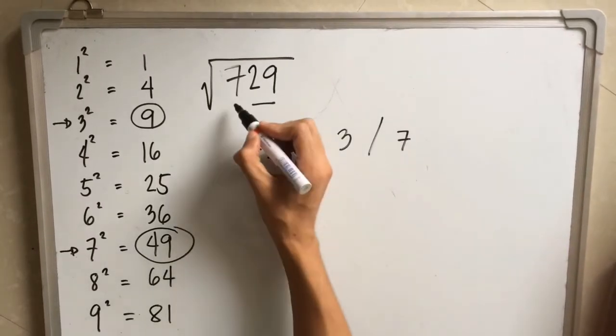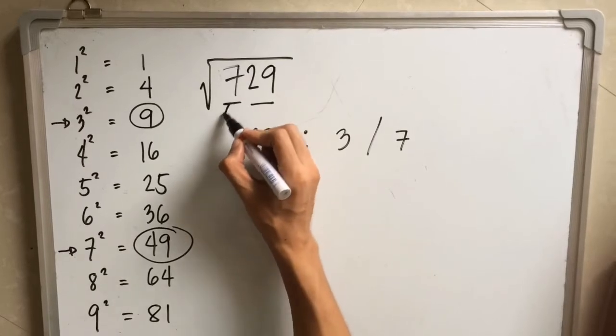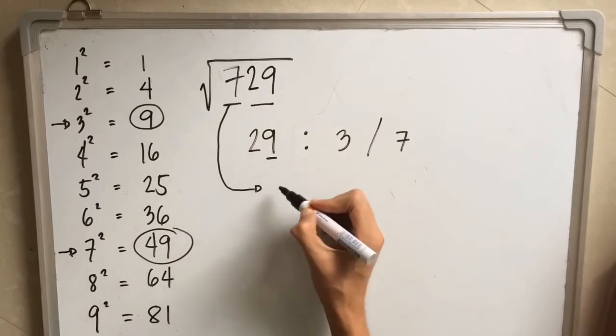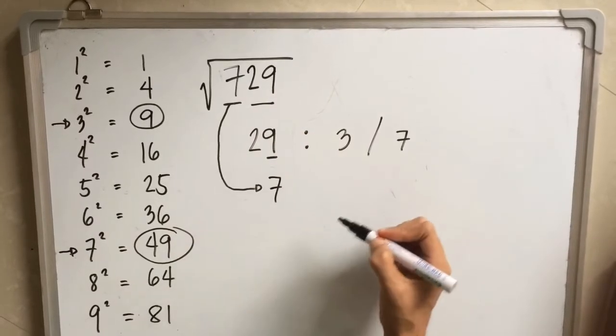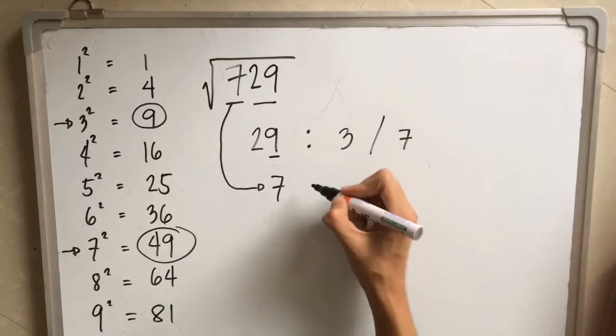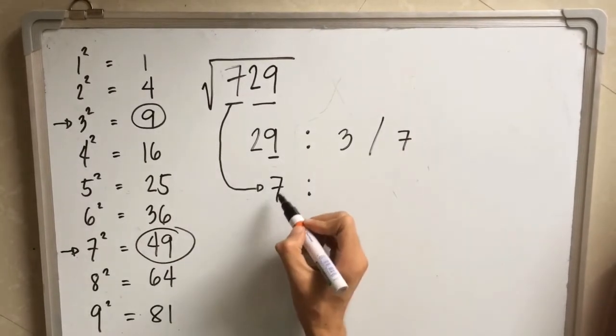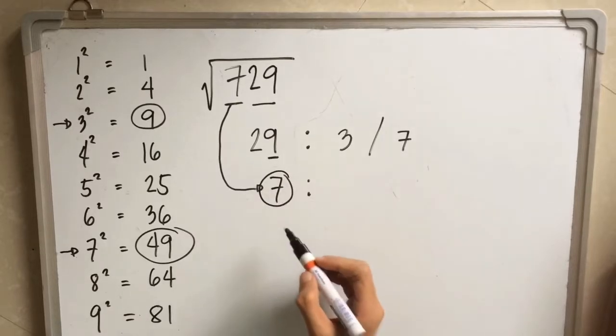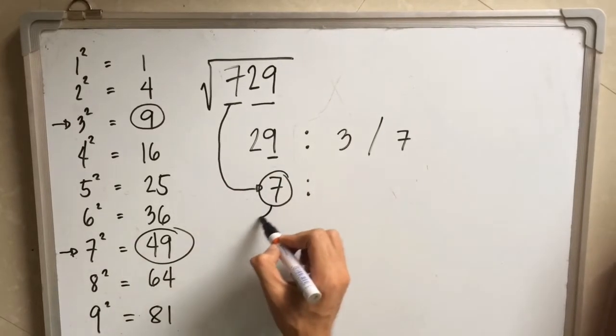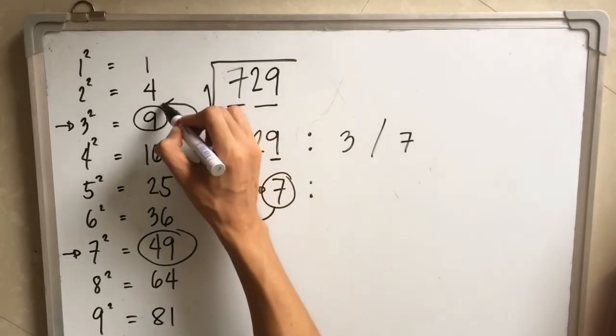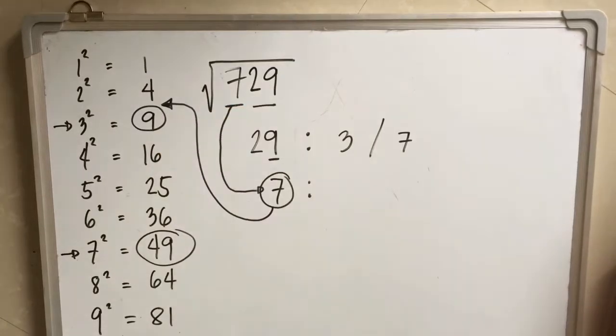So next, we are going to consider the number 7. We are going to find the location of number 7 from the squares of the number. So it's between 4 and 9.